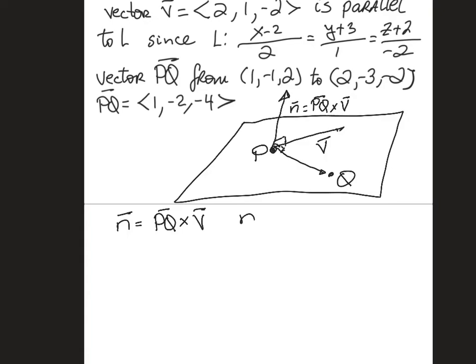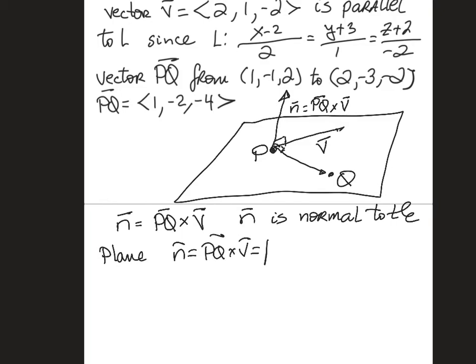So this vector N is the final piece of information that we need to find an equation of this plane. Okay, so let's take the cross product of PQ with V. You can also do V cross PQ. You get the same answer, up to sign.